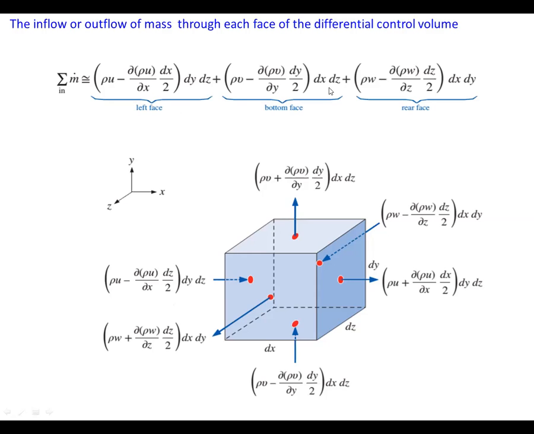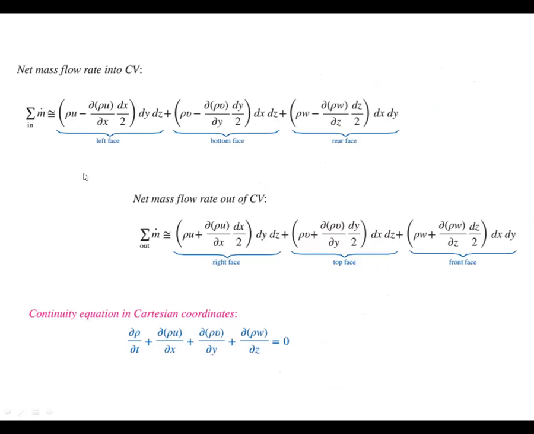Similarly, the other faces can also be written. In the opposite direction, it will be plus dou rho u by dou x dx by 2, into dy dz. Summing all of these, you can get the mass in.